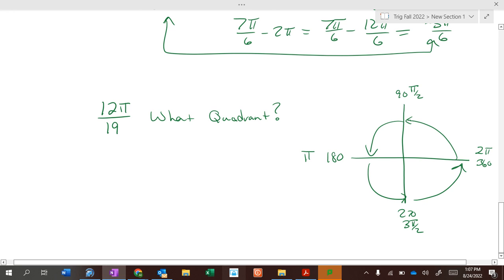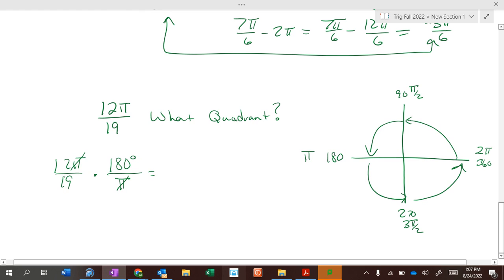Okay? Another way to do it is just to take 12 pi over 19, this is what most of you will do, and change it into degrees. How do we change it into degrees? Multiply by 180 over pi. Why is it 180 over pi? Because the unit we're changing it to is on the top, the unit we're changing it from is on the bottom.